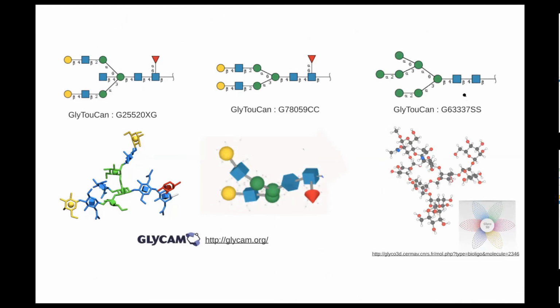And so these are entries of their respective databases, what you can construct, and trying here to match the SNFG notation. And so techniques of molecular dynamics, of molecular modeling are used for glycans as well.